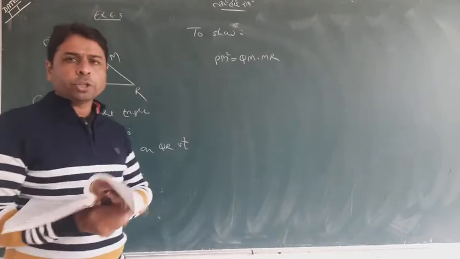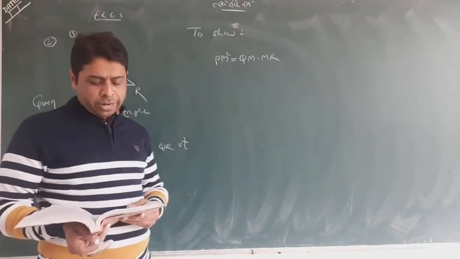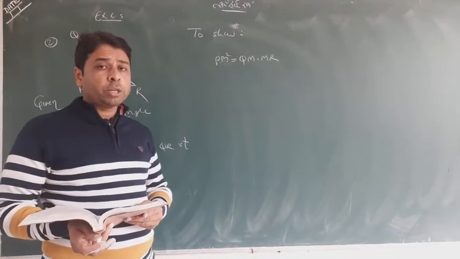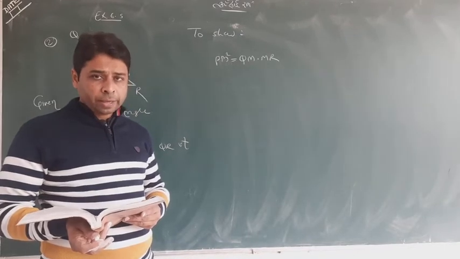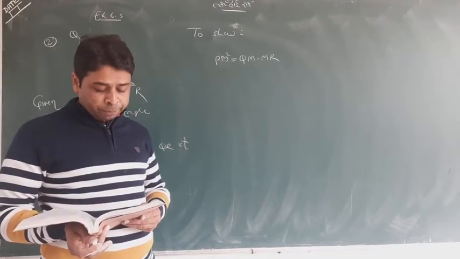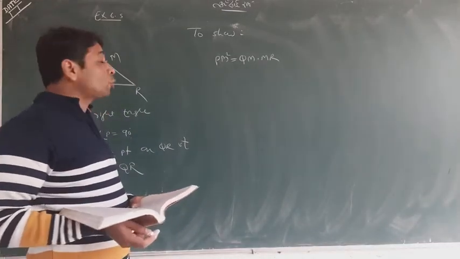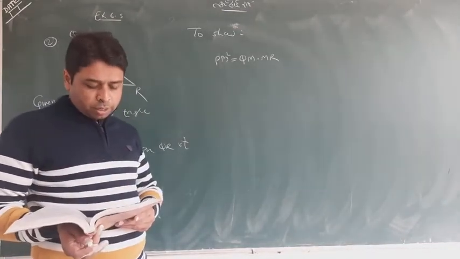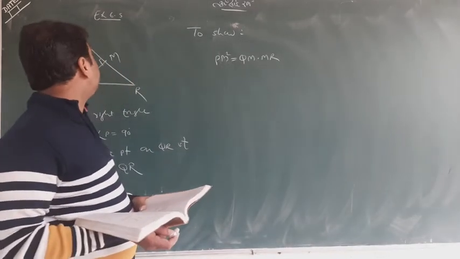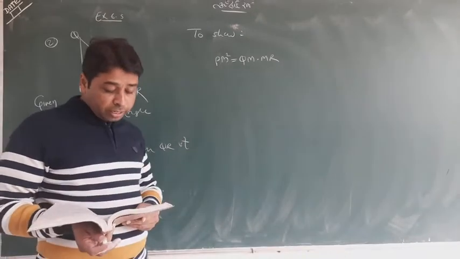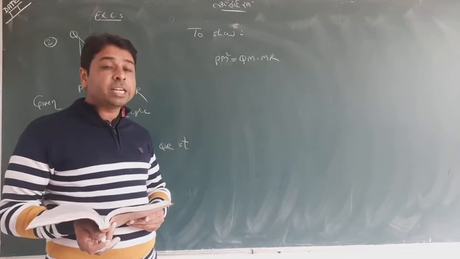Before starting the question, let me tell you that question number 3, can you see the second part of question number 3? It's the very same question as question number 2, because only the naming is changed. Here P, Q, R are used. In question number 3, A, B, C and D are used.